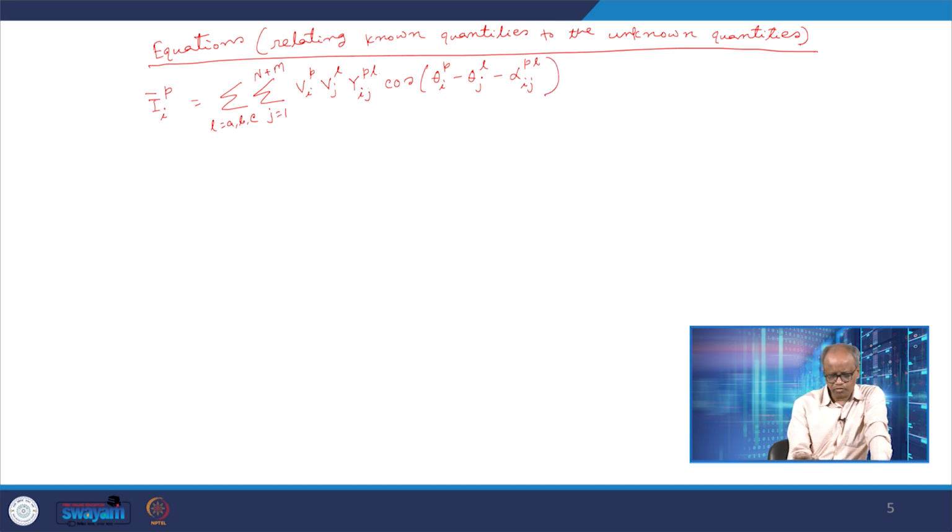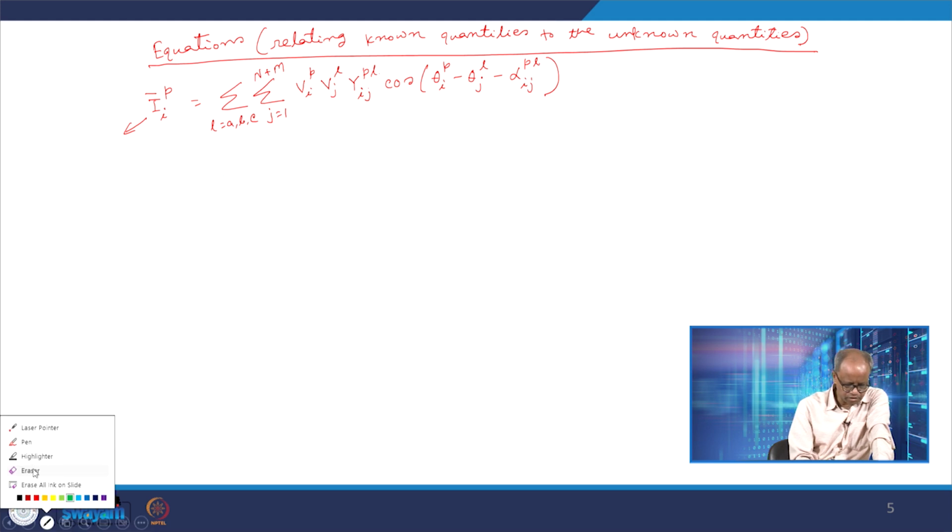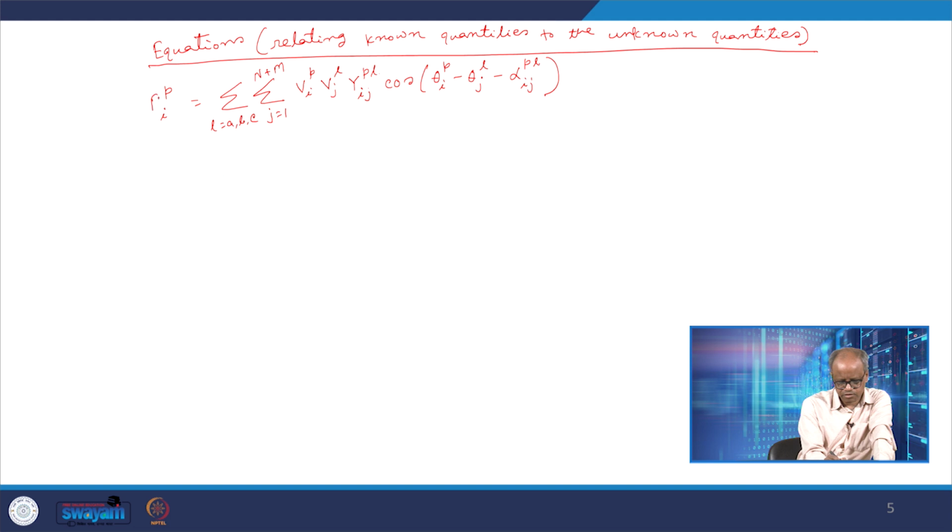We have already derived these expressions of PIP as well as QIP, so we are not really explaining them again. Let us use that. So this is PIP and QIP.